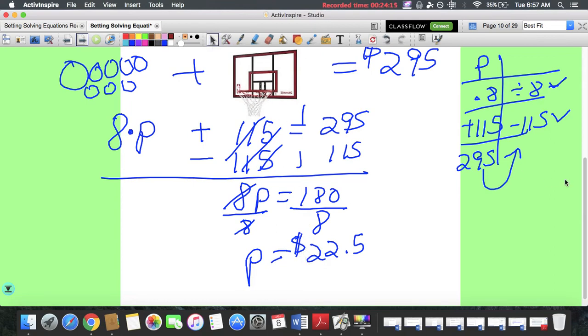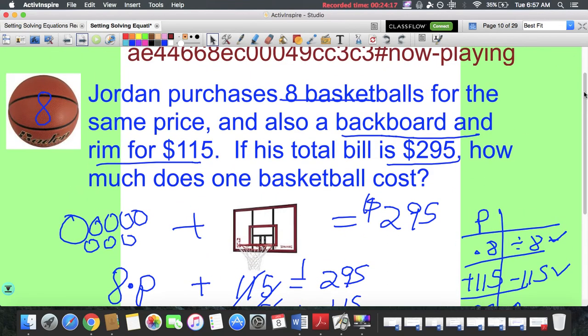So if I go back here in the picture, this is $22.50, this is $22.50, this is $22.50, $22.50, $22.50, $22.50, and $22.50.